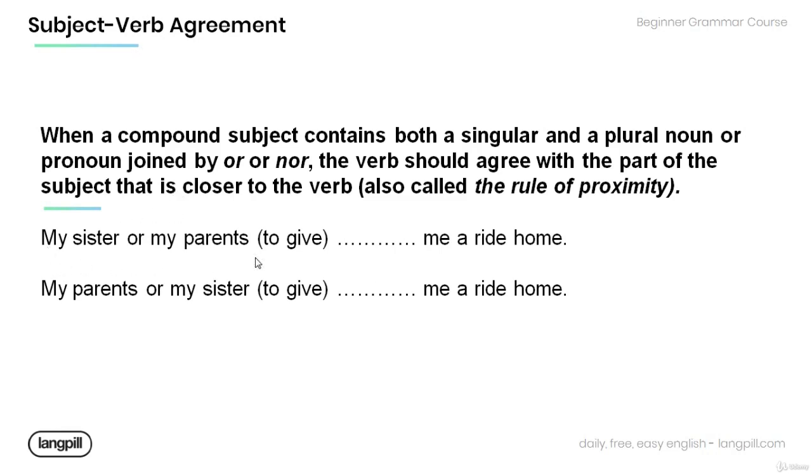My sister or my parents to give me a ride home. My sister or my parents give me a ride home. My parents or my sister to give me a ride home. My parents or my sister gives me a ride home.